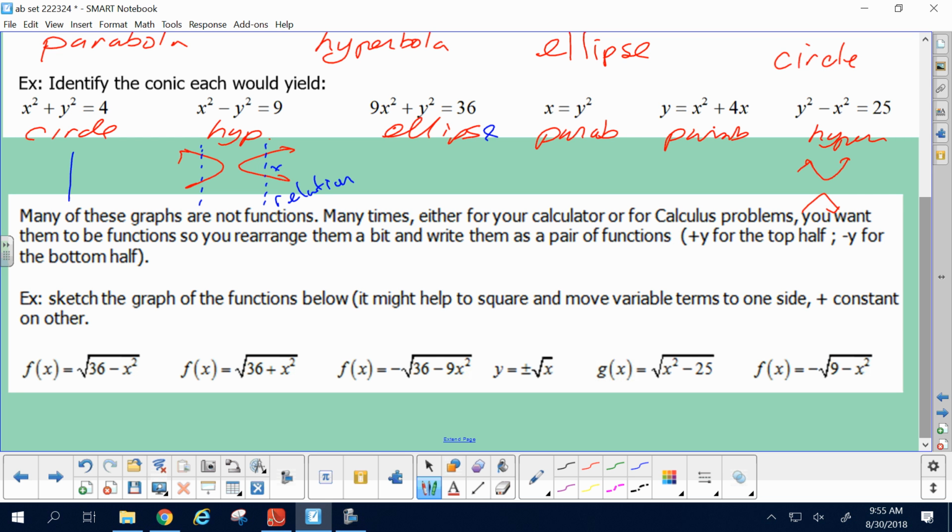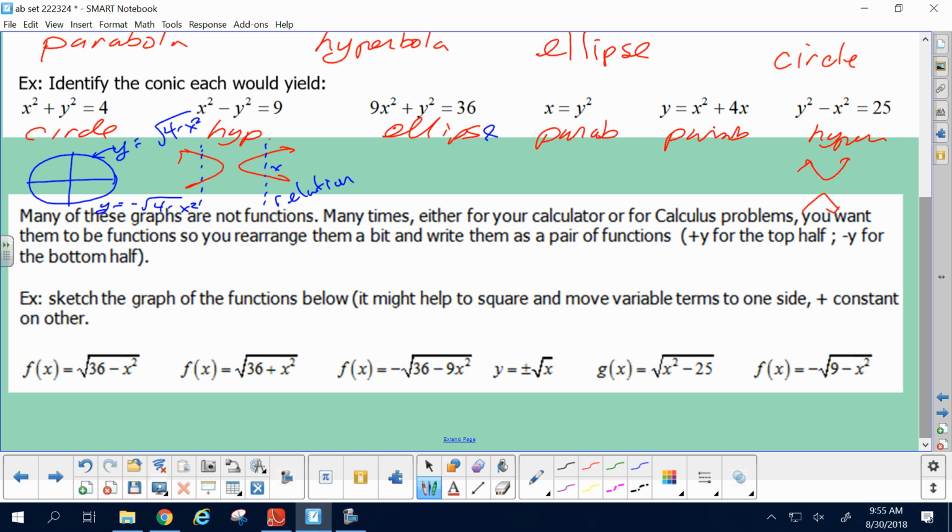So let's just say we look at this. Wouldn't you agree that that circle is not a function? Yes? If I solve this for y, then I'd get the square root of 4 minus x squared, but I would get plus or minus when I square root it, yeah? The positive would be the upper half, and the negative would be the lower half.